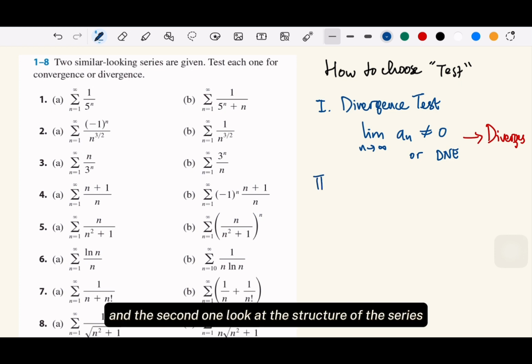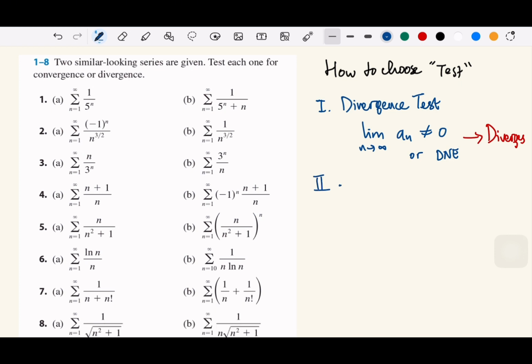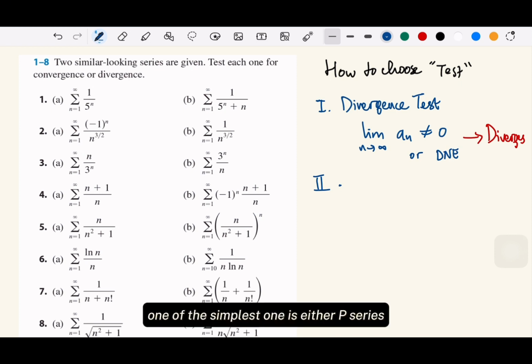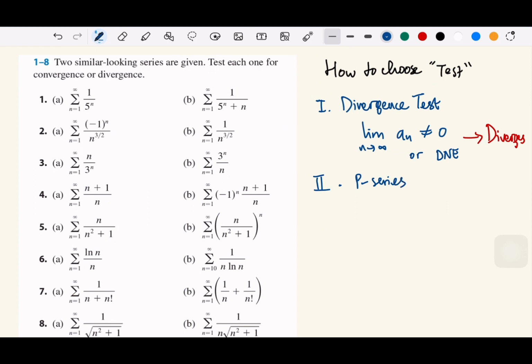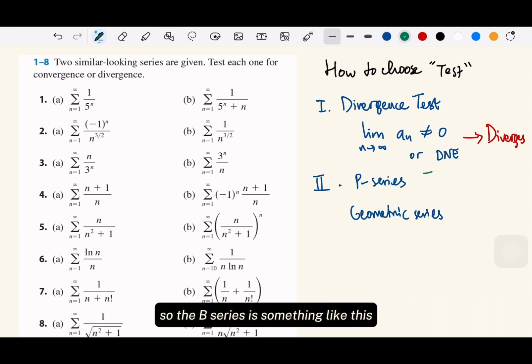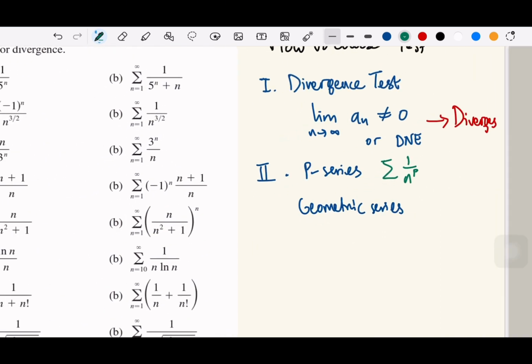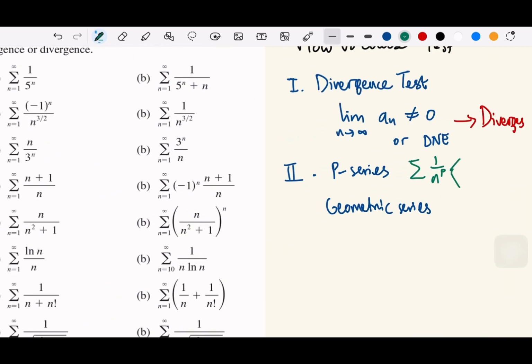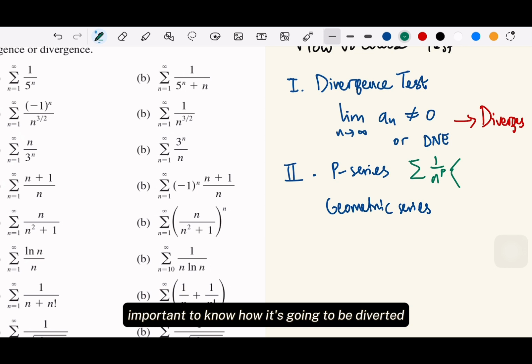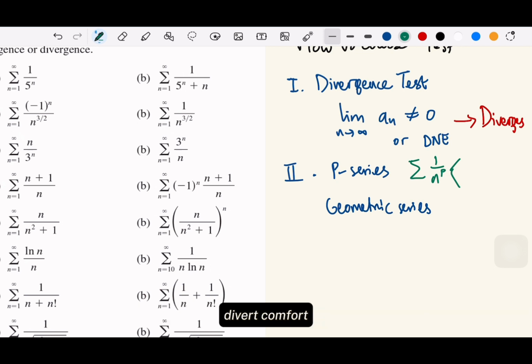And the second one, look at the structure of the series. One of the simplest is either a P series or a geometric series. The P series is something like this, and P is important to know whether it diverges or converges.